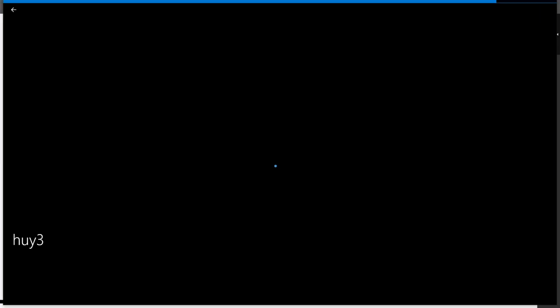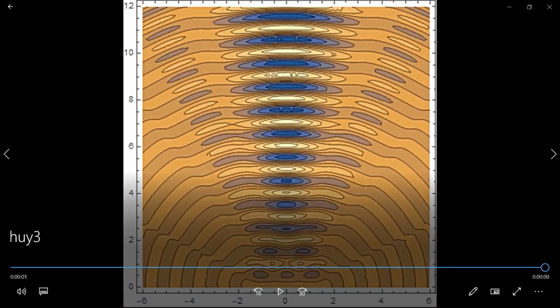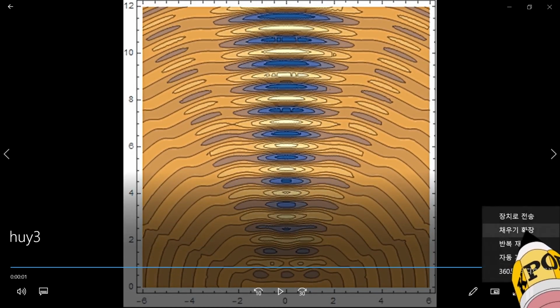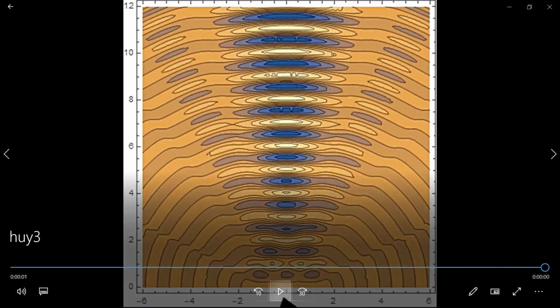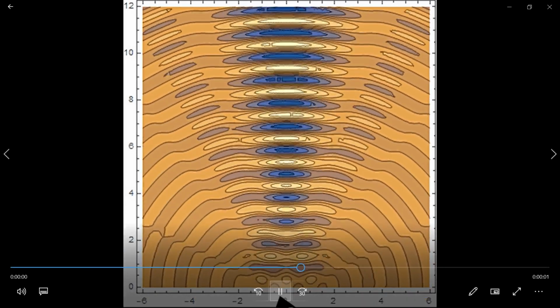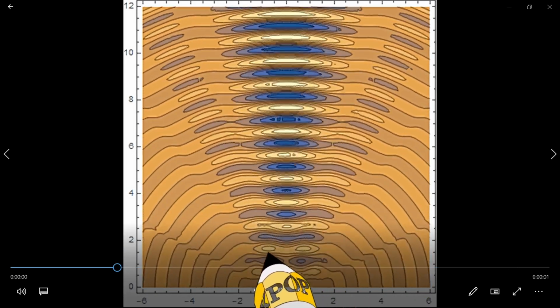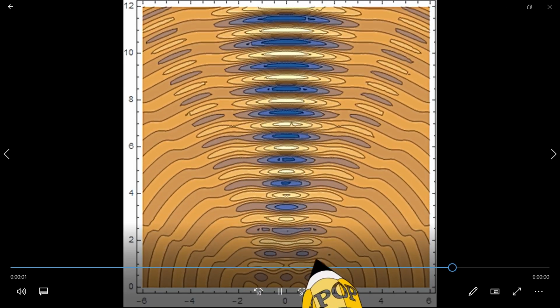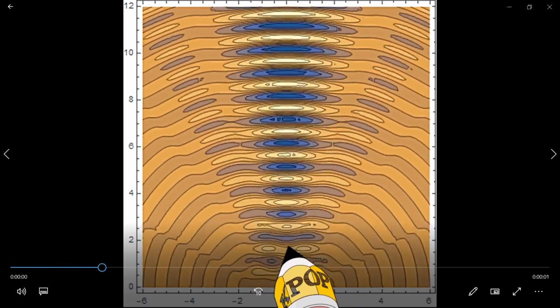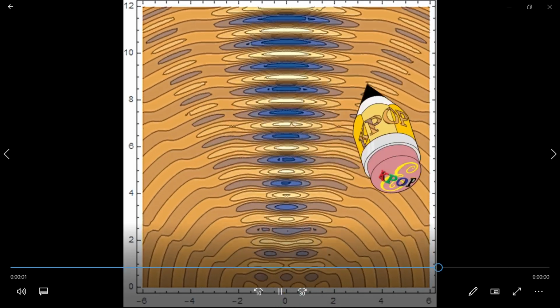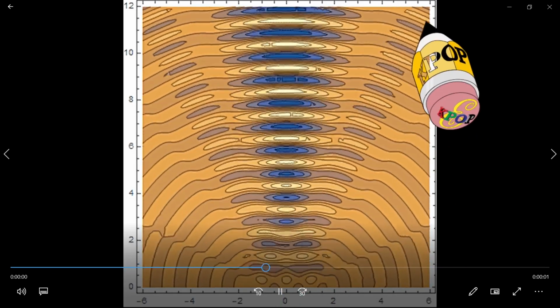In case we increase the width of the slit, you can find it is more or less flat. It is similar to a plane wave near the hole, but at the end of the day, it propagates radially.